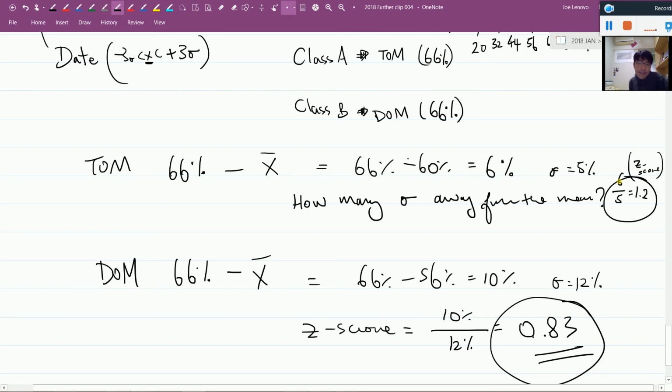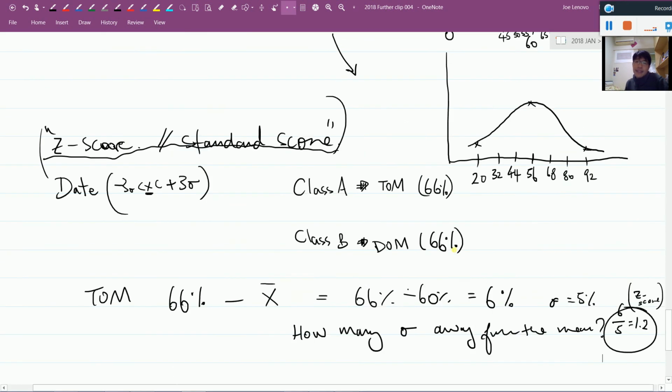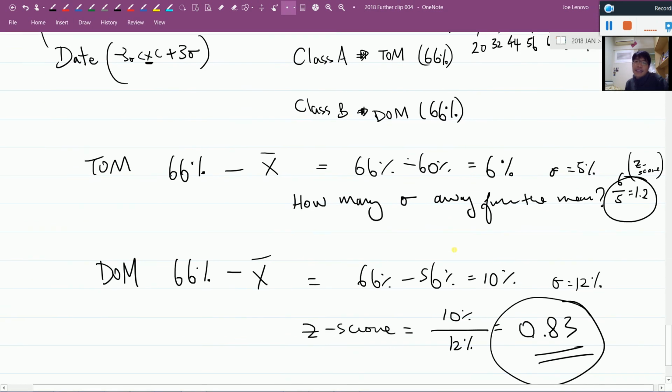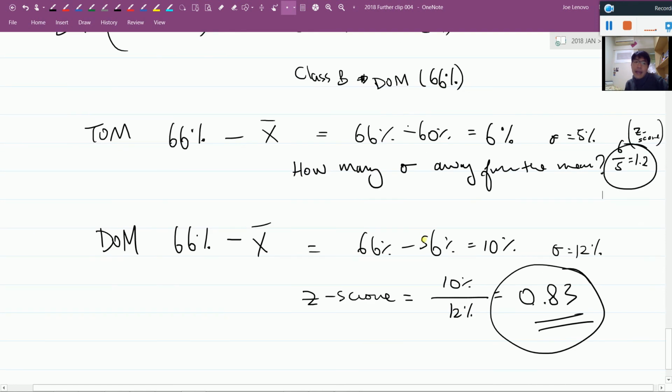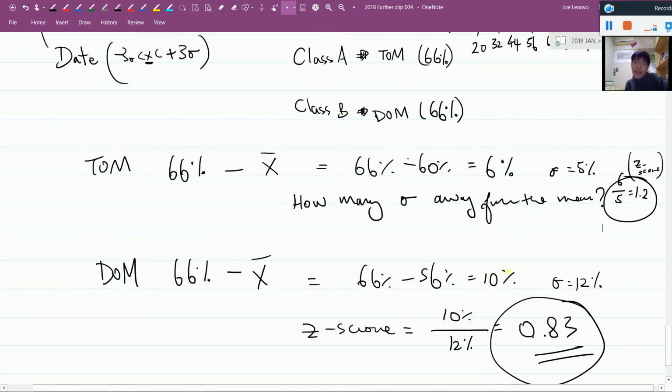So now we can tell which one is actually a little bit better. Tom is a little better, even though both of them score 66%. It's just saying that the second class has a harder test. I can't tell which one is the harder test, but Tom and Dom can be compared using the set score, and Tom is 1.2 away from the mean, and Dom is not even 0.83.